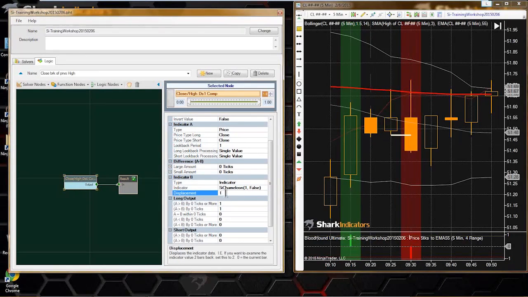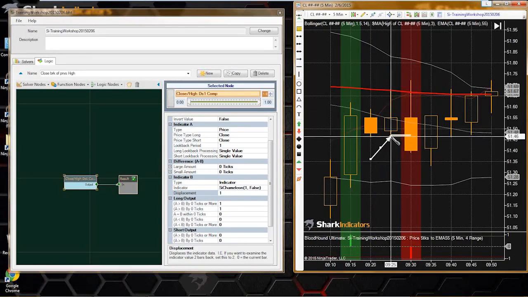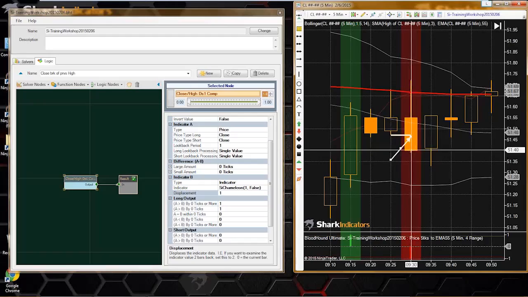All right, so yeah, we had to do a little trick there, right? The key to this was using a displacement of 1. So we were able to take the low of this bar, displace it forward onto the next bar, and then we can compare the closing price to it.